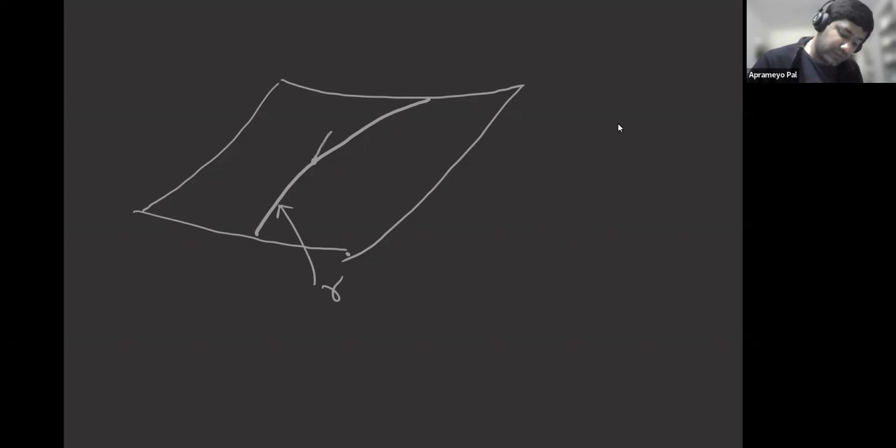Let this be gamma dot, which is a unit vector, a tangent vector to S. And consider this to be n cross gamma dot.